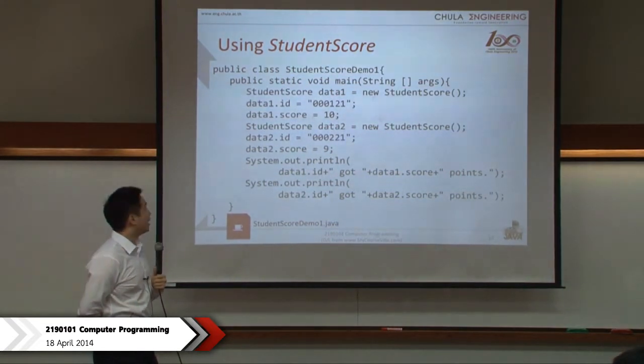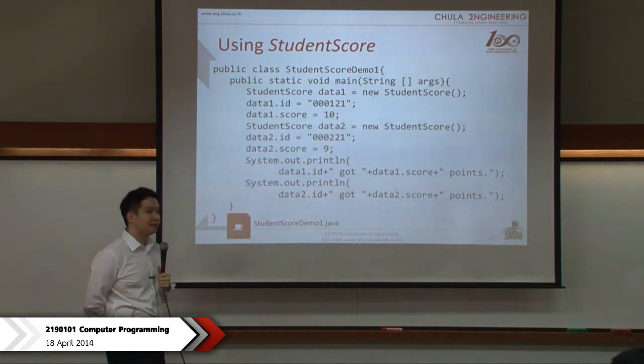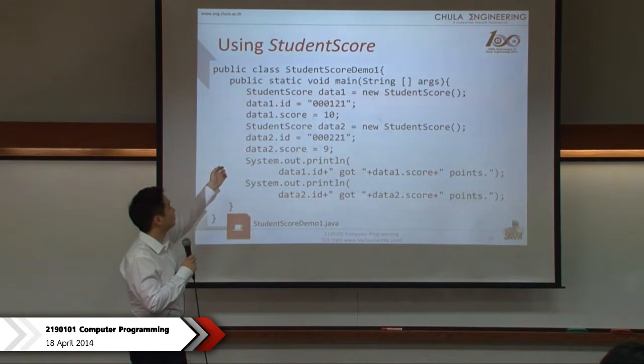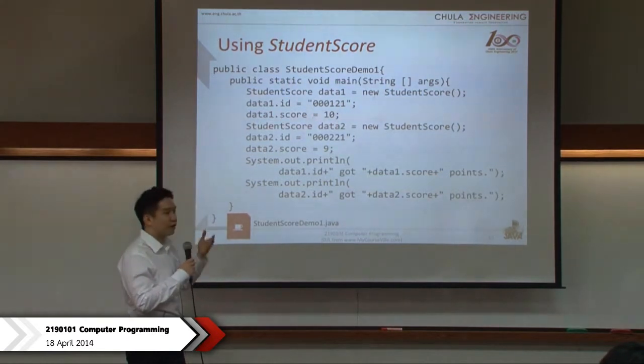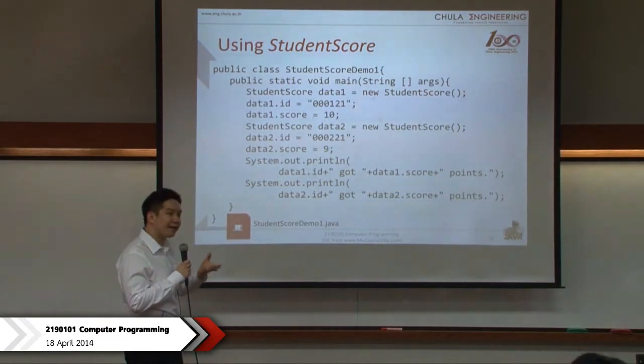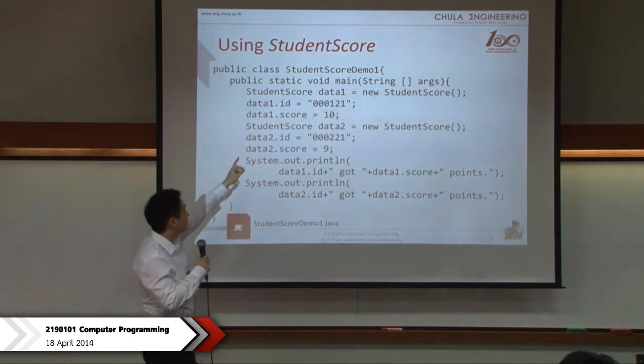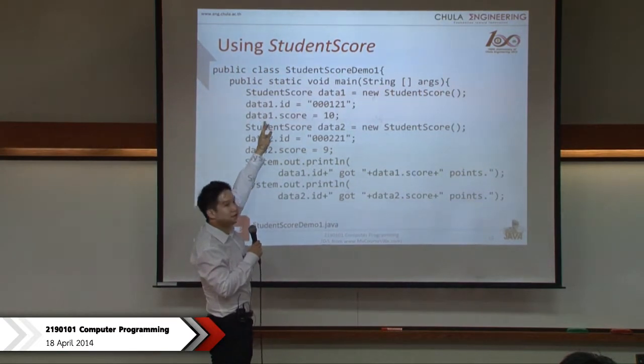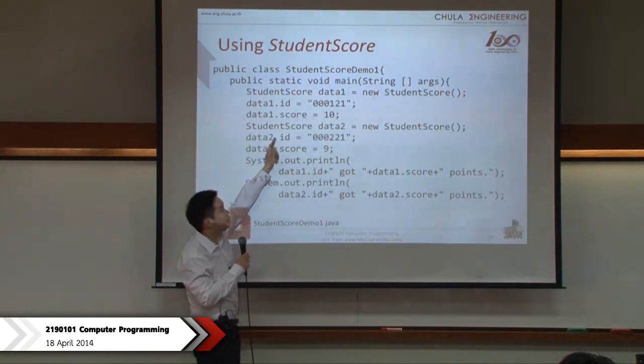assuming that you have the student score class, you can use it like this. I hope by now you know that to access the attribute, each data member, you simply do the variable dot something, and then you can just assign them.